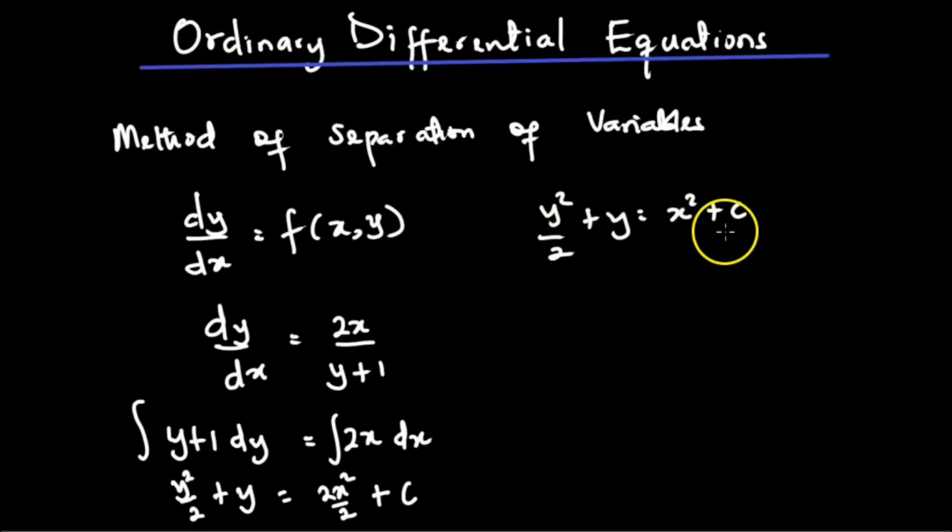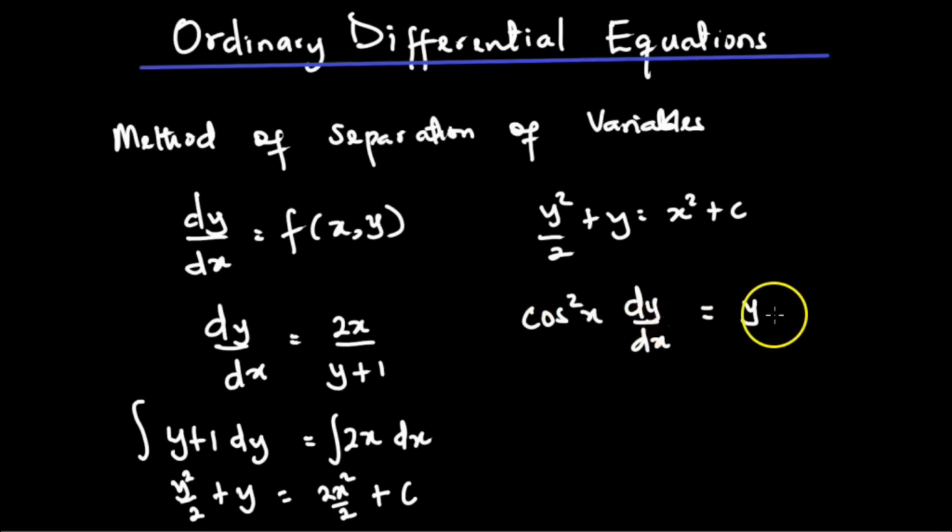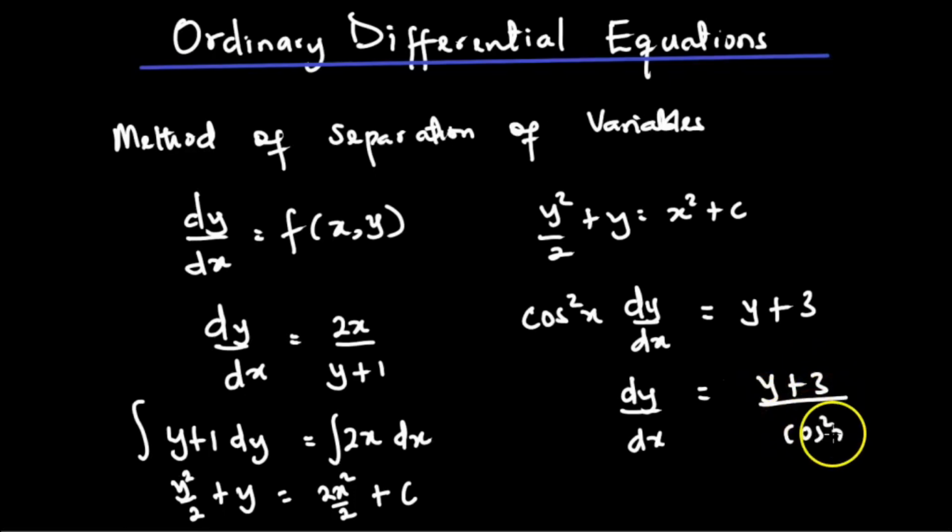Very, very simple. Now, what if we have something like this? cos squared x dy/dx equals y plus 3. We can rearrange to have dy/dx equal to y plus 3 divided by cos squared x.